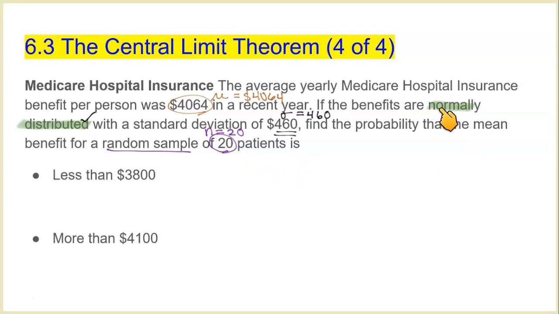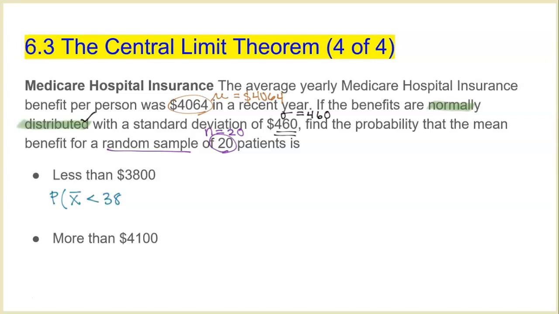But because it states it here, we're good. If it didn't state it here, then this value would need to be 30 or more for us to assume that the sampling distribution is approximately normal, and then thus we could use table E to find the probability. We just have to get the z-score first.